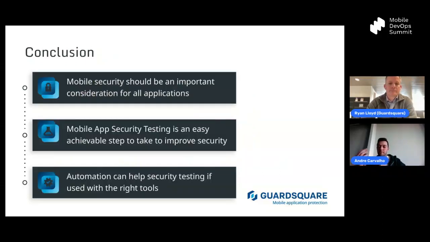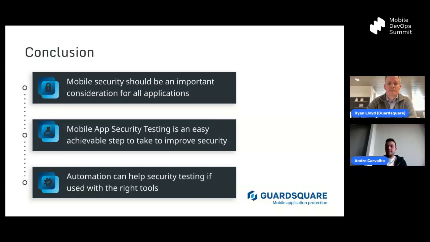So, in conclusion, mobile security should be taken seriously, and it's a real threat, and it's something that more and more is becoming an issue in the industry. People should at least know what to do when they want to start and how to protect their apps. And mobile application security is actually quite easy to achieve, and it can really improve the confidence and security you have in your app.